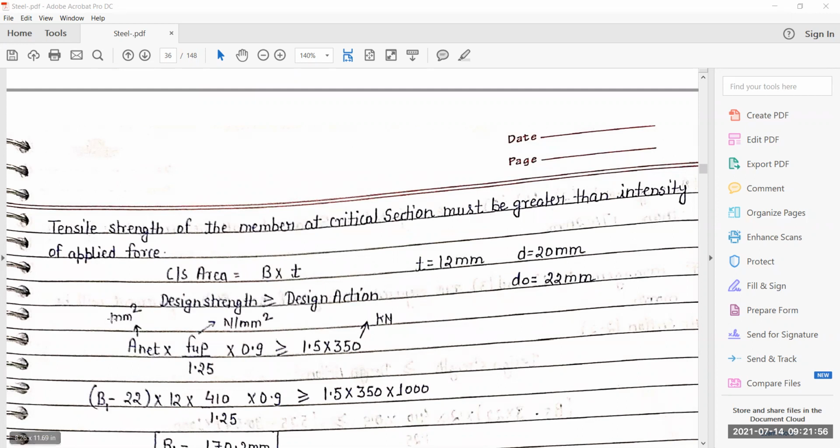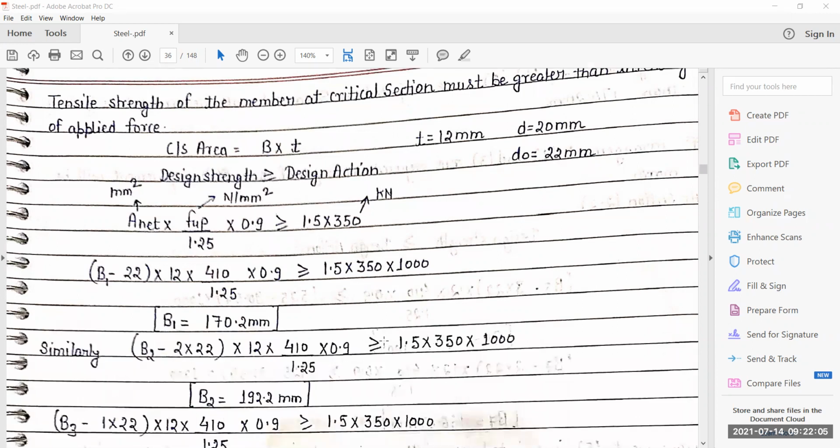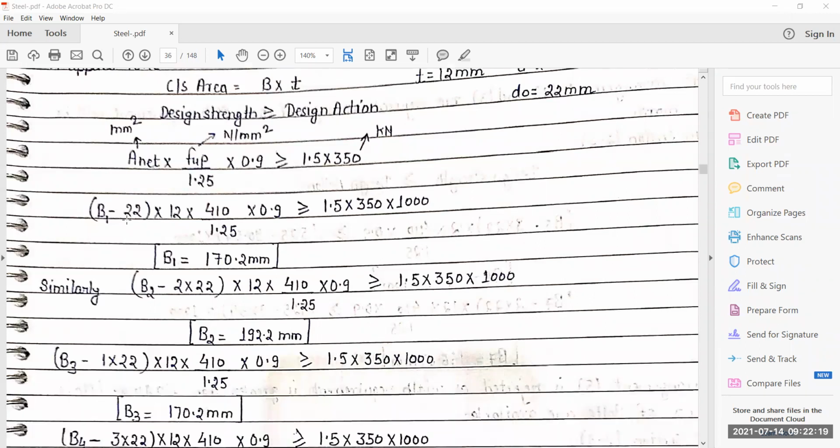Okay, B1 minus 22 into 12 into 410 upon 1.25 into 0.9 is less than or equal to 1.5 into 350 into 1000. Then after calculating, we get the result B1 equals 172.21.